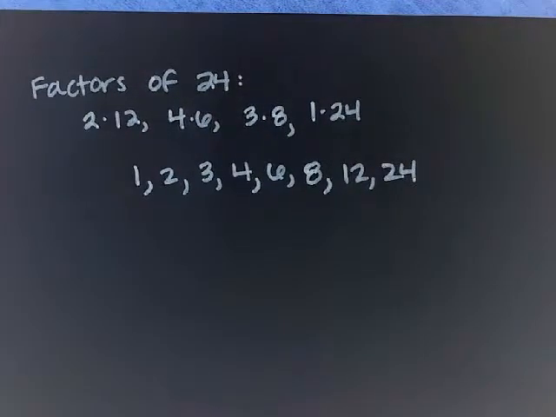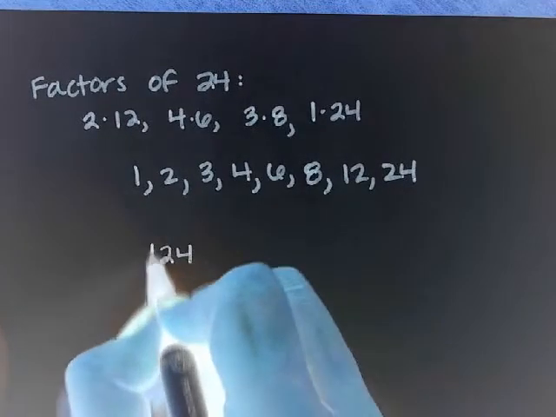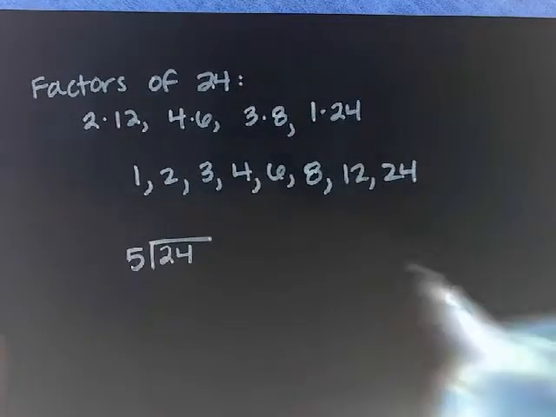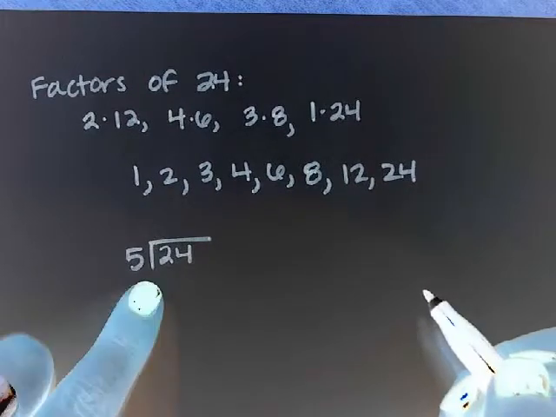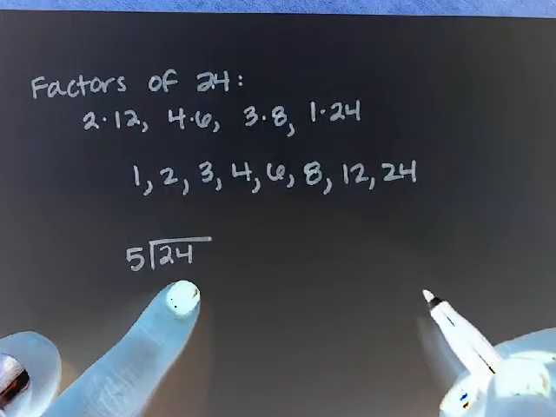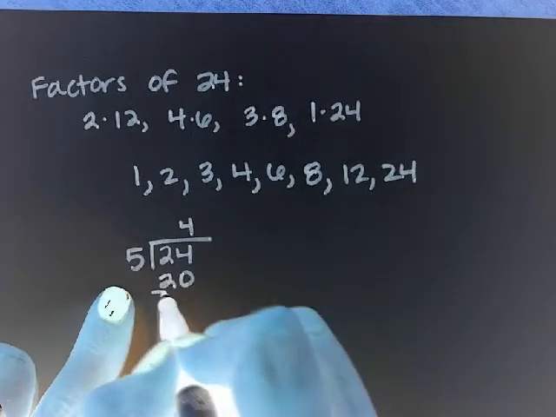Would I say 5 was a factor of 24? No. Why would I say that 5 is not a factor of 24? It doesn't go unevenly, right? Okay, so if I did 24 divided by 5, how many times does 5 go into 24? 4 times. 5 times 4 is 20.